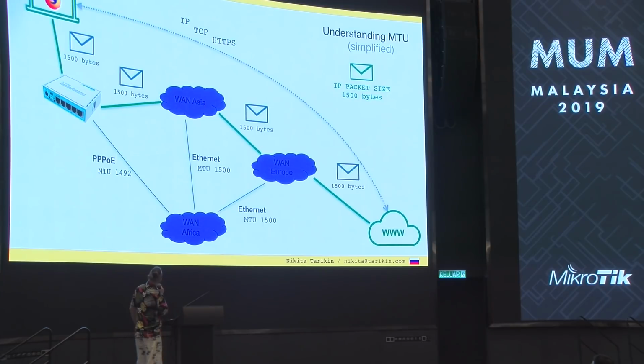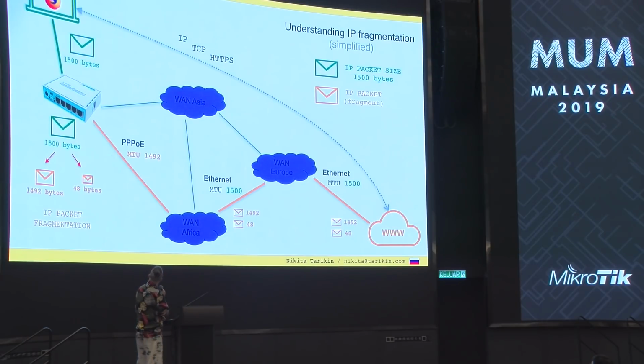So what happens here? If the traffic passes this way, the packet size will be 1,500 bytes all the way. But what will happen if traffic is passing PPPoE? It will break packets into fragments. Your laptop will send a big packet according to its default MTU.